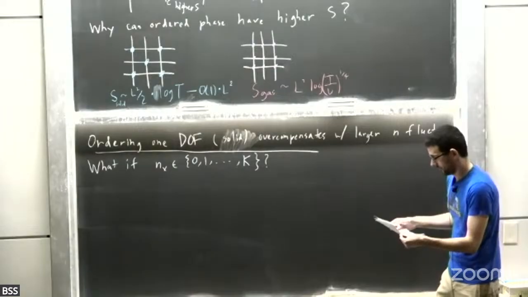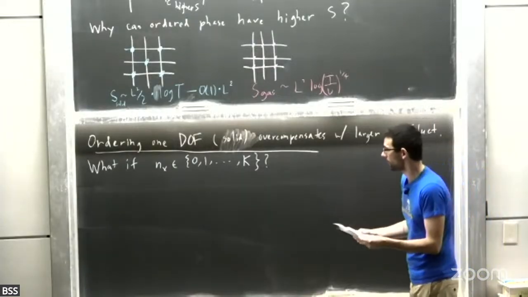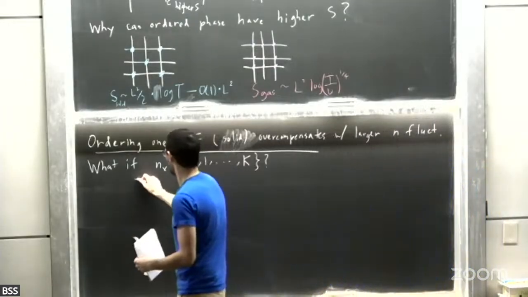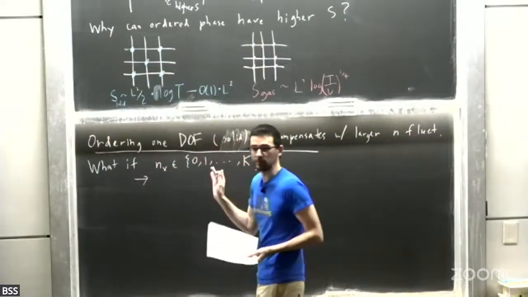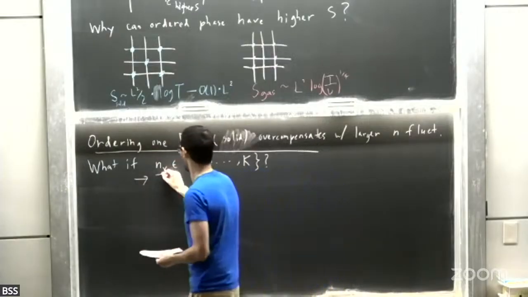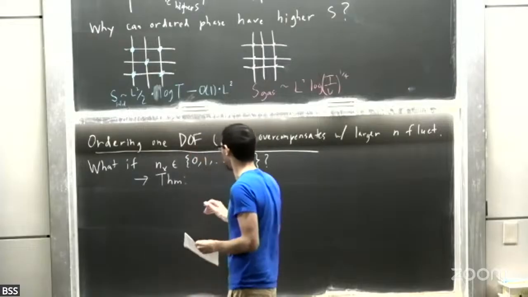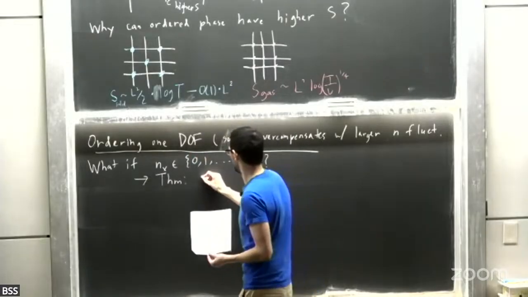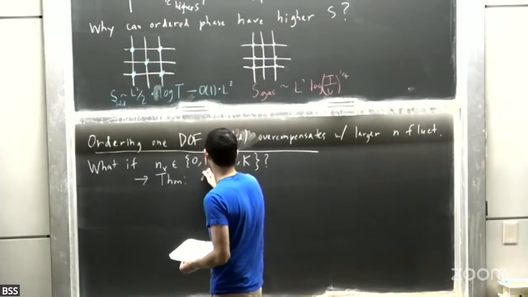Then, if that's all that we do, we just go back to our old theorem from yesterday that we will always have disorder at high temperature.